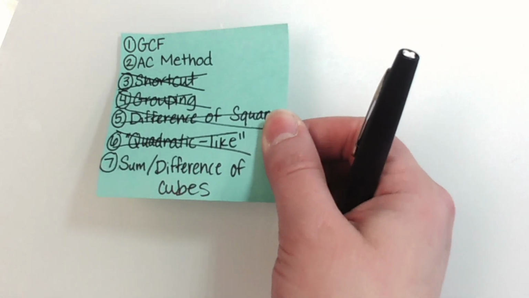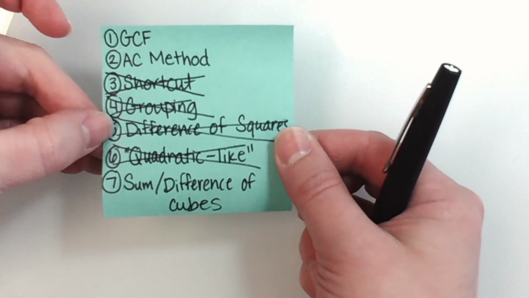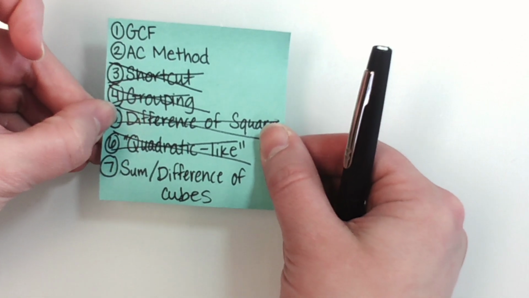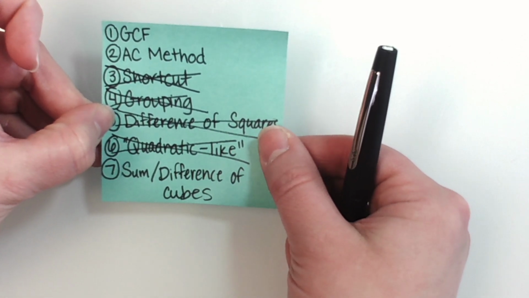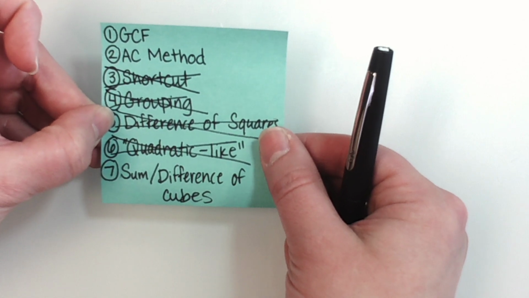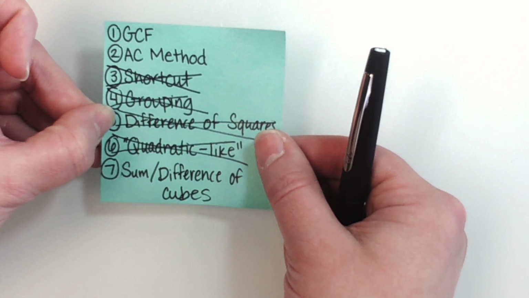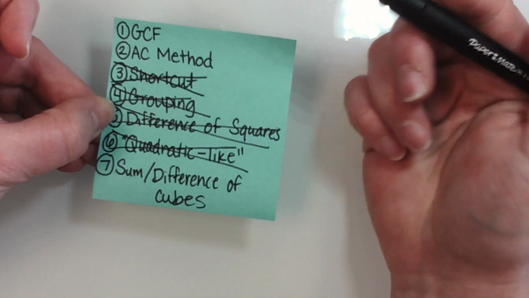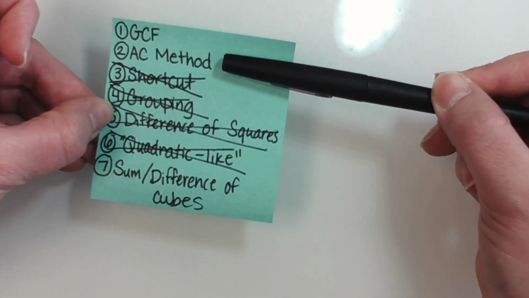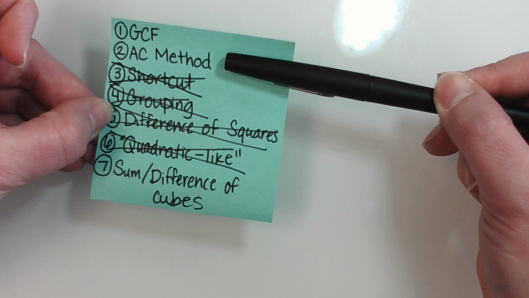So, I just wanted to address that a little bit, because I know some of you are looking at this and you're overwhelmed on the number of different types of factoring, but for the most part, it's just about recognizing when you could do the different ones. You do greatest common factor always. You do AC method when it's quadratic or quadratic-like.